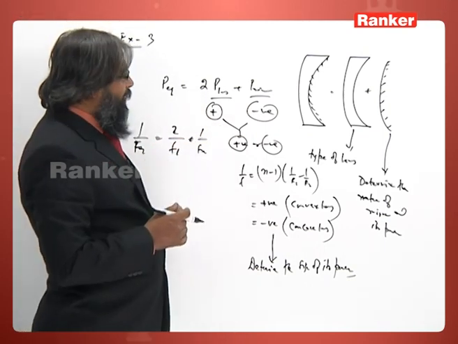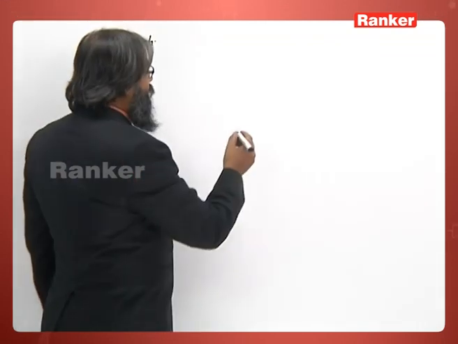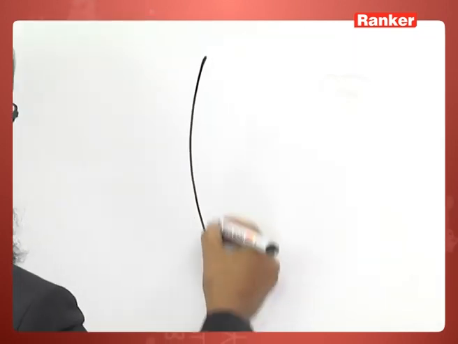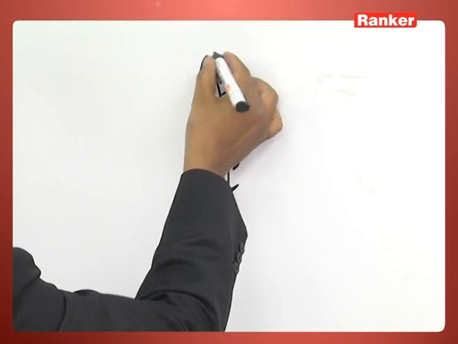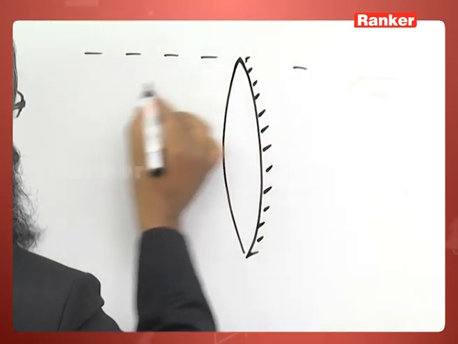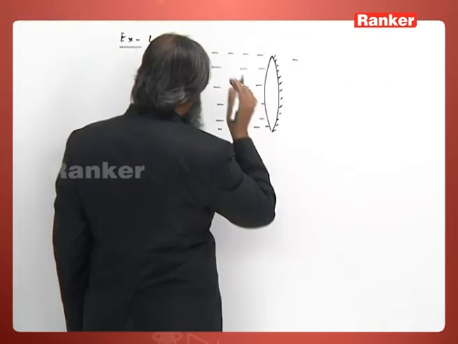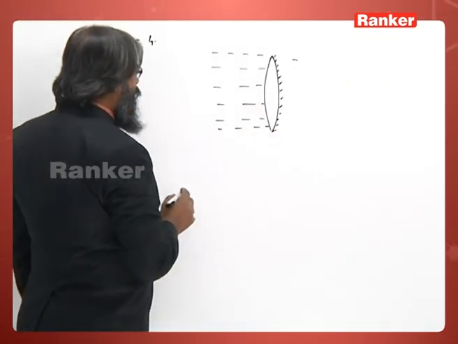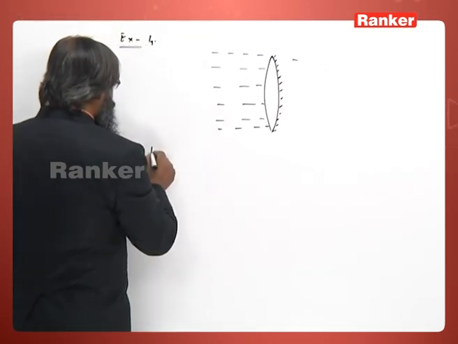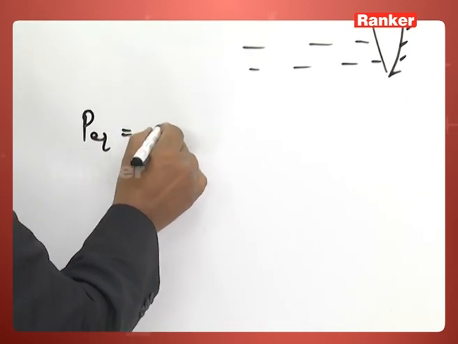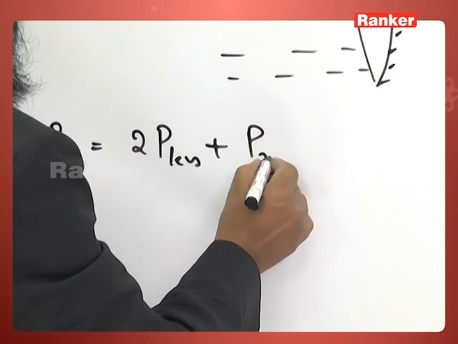Next, let us take an example when this situation is dipped in a liquid. Now suppose this is my lens which I had silvered, and this lens is now dipped in a liquid. So what we have to do now is, P equivalent will be 2 times P lens plus P of mirror.